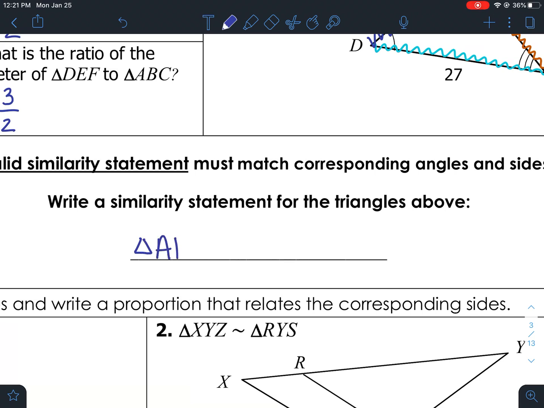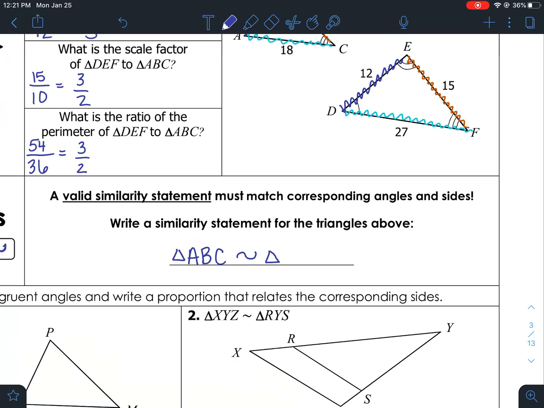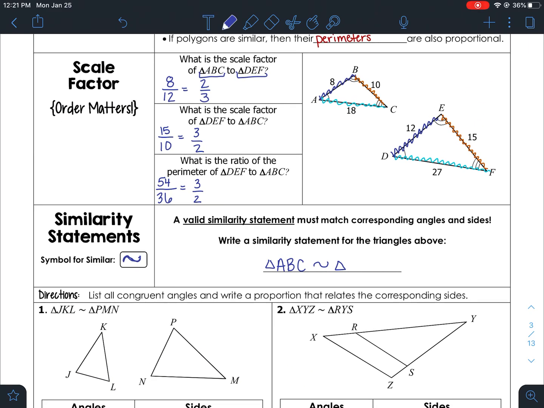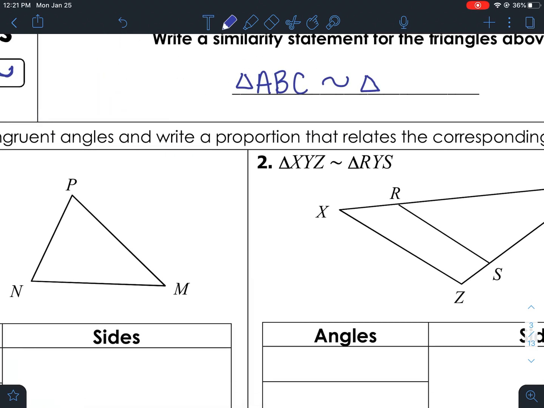Triangle ABC is similar. Okay, so now we have to find corresponding things. So A, B, C, I went purple to orange. So I'm going to do the same thing with D, E, F, right? D to E to F went purple to orange. So D, E, F.